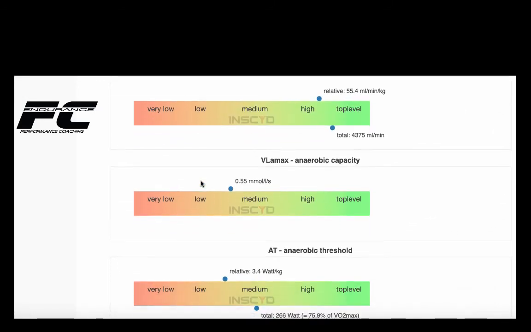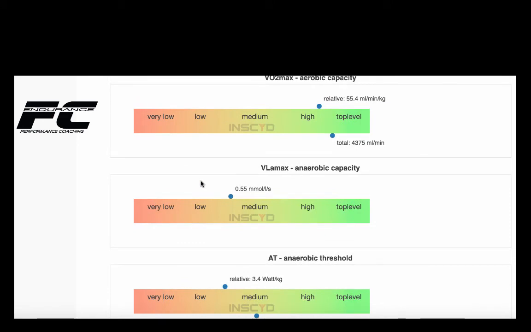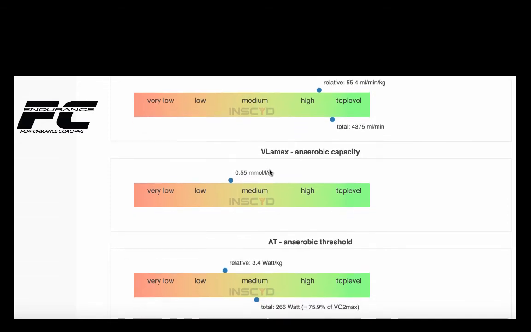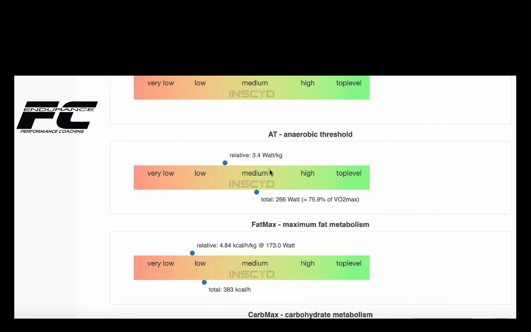Okay, so I want to go back to this here. And so one of the things that impacts the percentage of your VO2 max that you're able to use is your VLA max. Okay, so if we look at a target, your anaerobic threshold, or FTP, let's call it, or your threshold, you're at 266 watts.